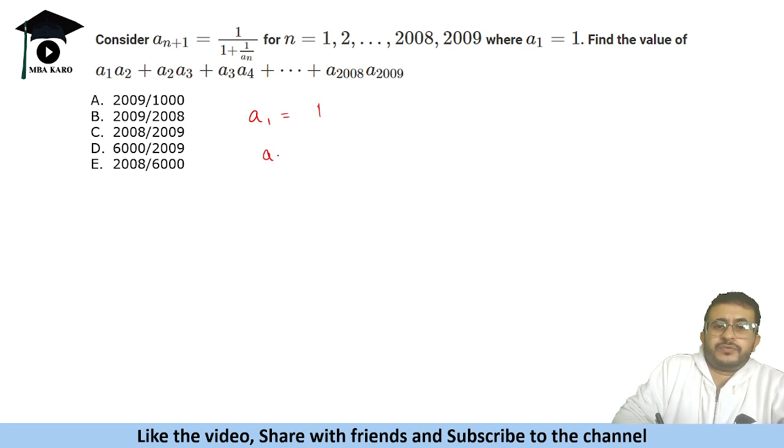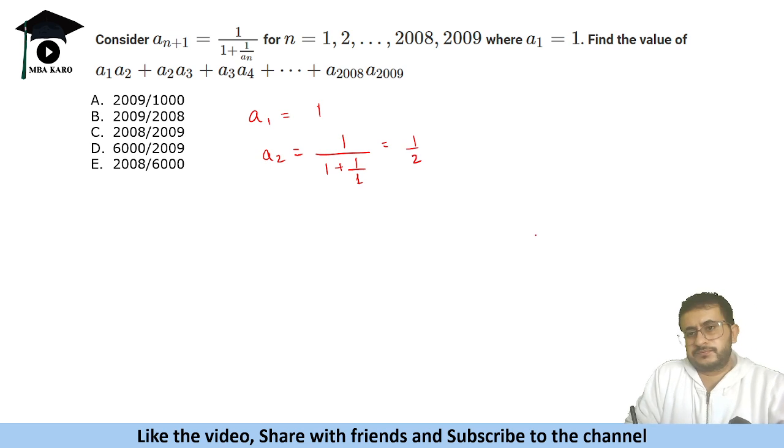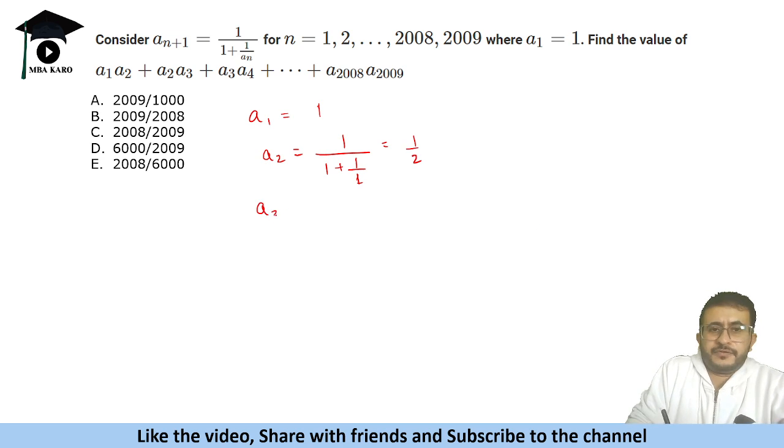A2 is equal to, first let us find some values, right? 1 upon 1 plus 1 upon 1, so what happens? a1 is 1, 1 plus 1 is 2, so this is 1 upon 2. Okay. Now a3 we need to find. A3 will be equal to 1 upon 1 plus a2, and a2 is 1 upon 2.